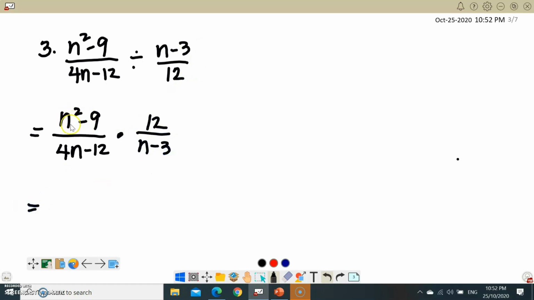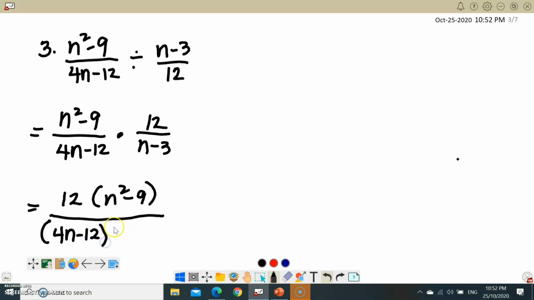So multiply the numerators. We now have 12 multiplied by n squared minus 9, over multiply the denominators, 4n minus 12 multiplied by n minus 3. So we need to simplify. To simplify, factor the numerator, factor the denominator, then cancel out common factors from the numerator and the denominator whose quotient is equal to 1.